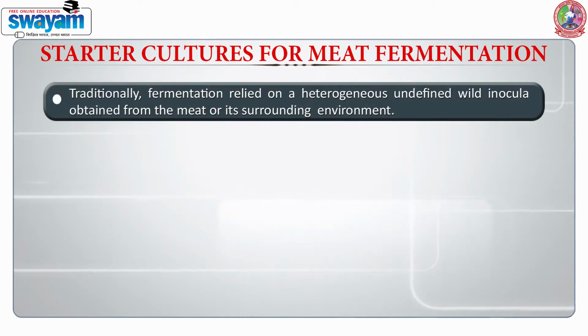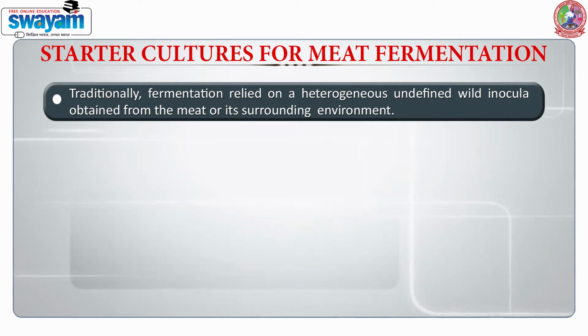There are certain starter cultures which are often used for the fermentation of meat, and traditionally the fermentation relied on a heterogeneous, undefined wild inocula obtained from the meat or its surrounding environment.